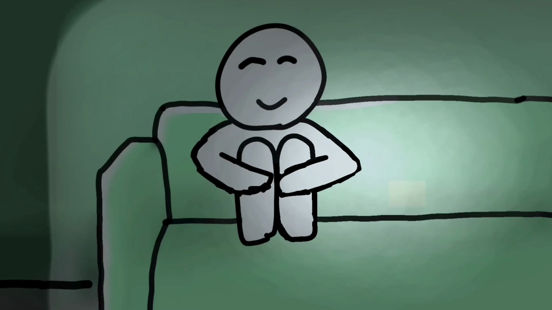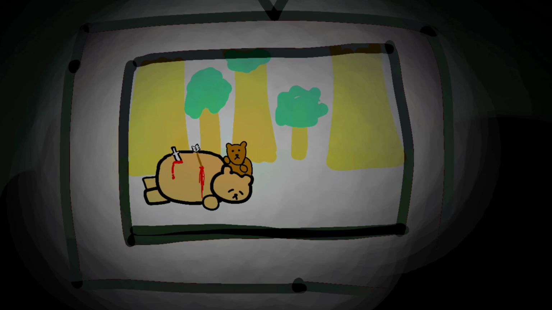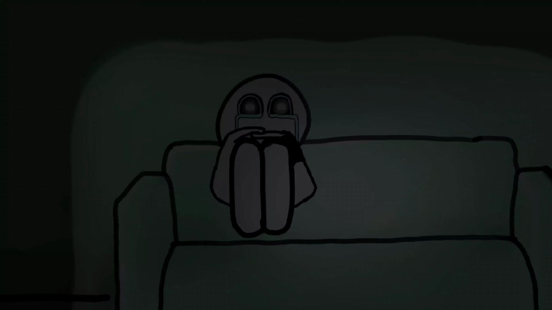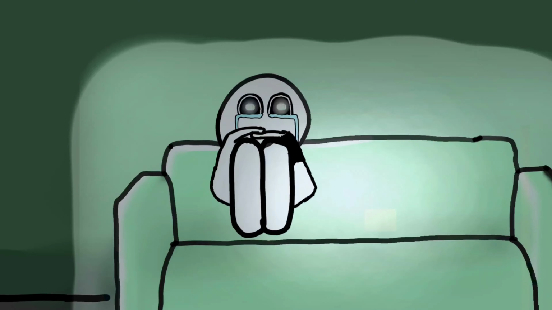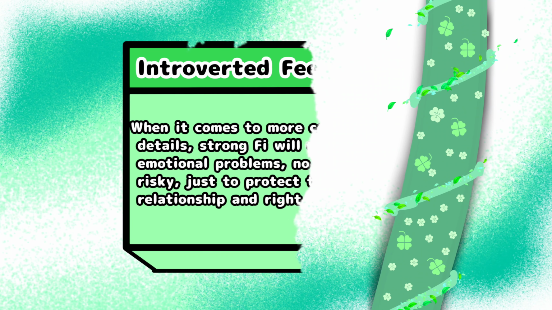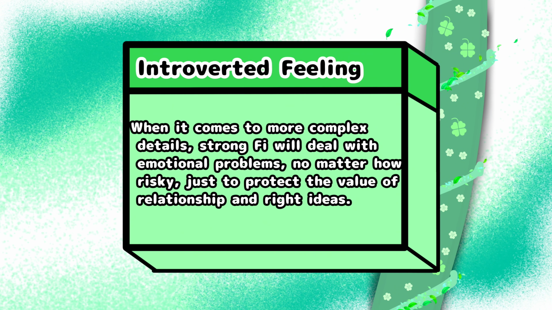If the mother bear died while the baby is crying for its mother, the FI user will cry in the moment, in despair at the way of life. That's a simple explanation of FI when it comes to complex details.